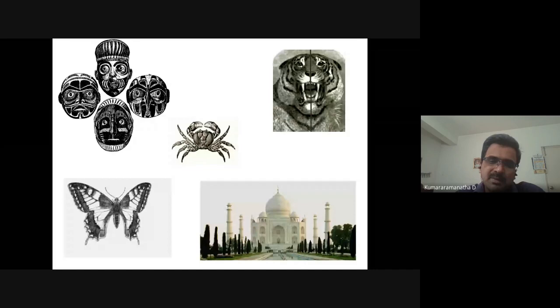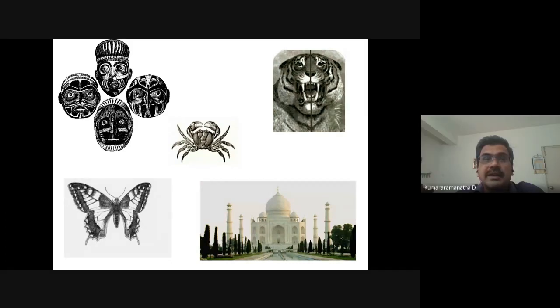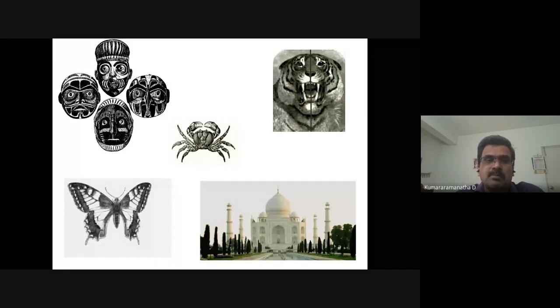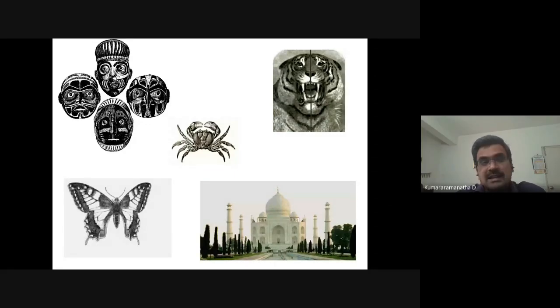If you can't get what symmetry corresponds to here, it is looking the same. By exchange, it looks the same. Okay, so I can take the word same. Yeah, go ahead, Shashank. Vertical symmetry, sir.